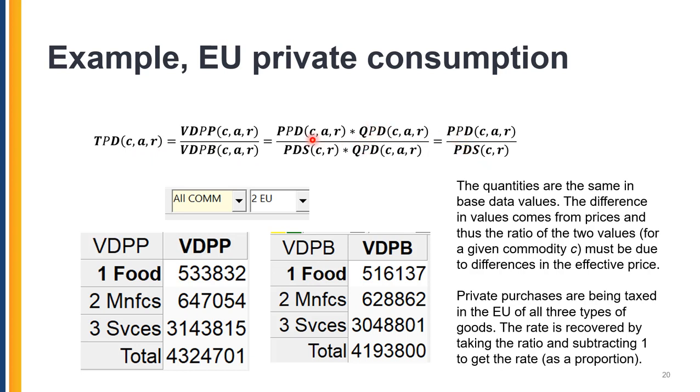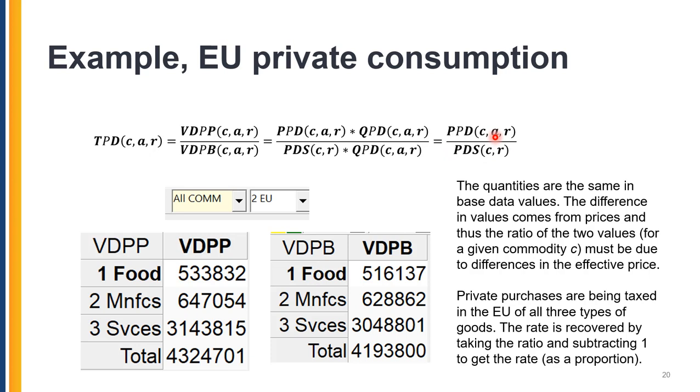The difference in the nomenclature between TFD and TPD is really just that second letter, which before told us it was firms that were the agent we were interested in. Now it's the private household. So we're going VDPP, VDPB, and here we get the different prices with the same quantity, and then over here we get the power of the tax.